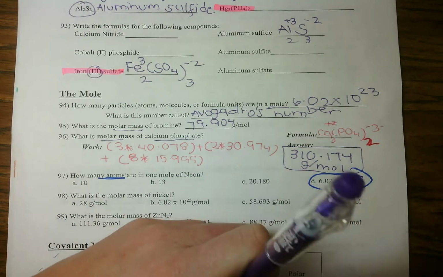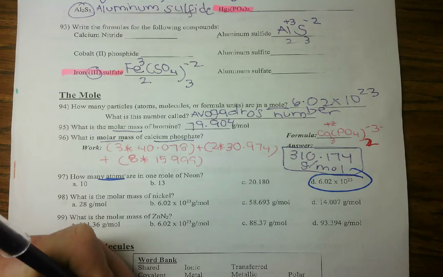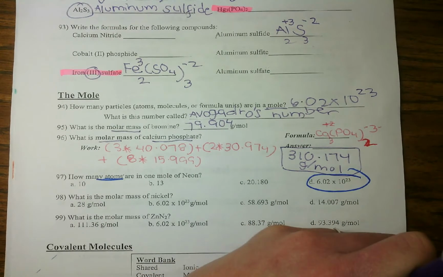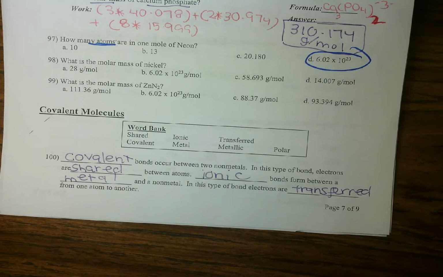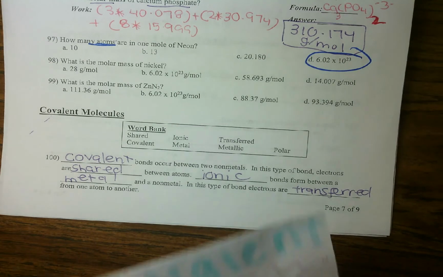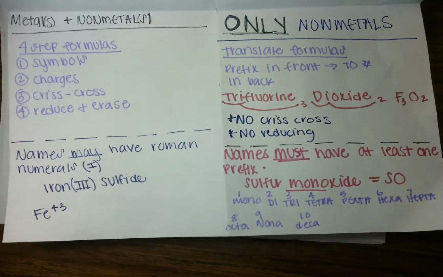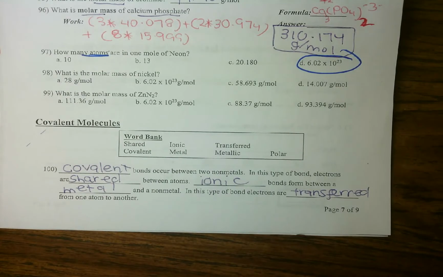Ionic bonds, on the other hand, we already talked about that, form between a metal and a nonmetal. And in this type of bond, electrons are transferred. Again, if you have this foldable, it's very helpful because it will give you the differences between the ionic and covalent.